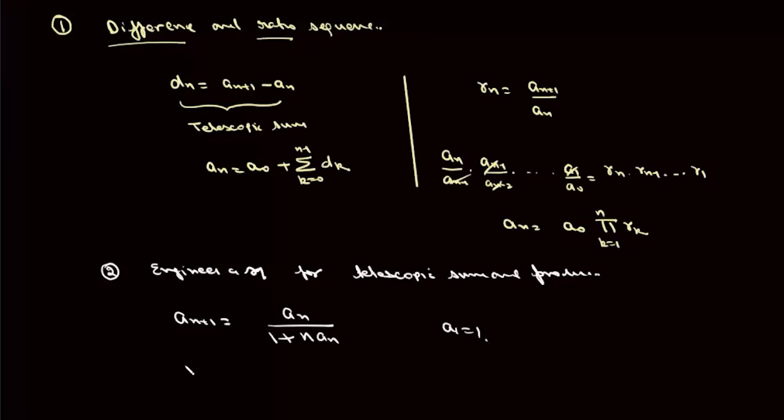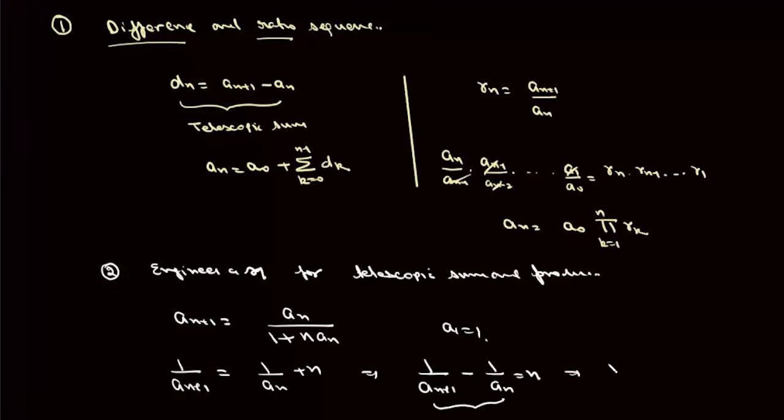Now, if we take the reciprocal, we can write 1 upon a_{n+1} equals 1 upon a_n plus n, which we can write 1 upon a_{n+1} minus 1 upon a_n, it is equal to n. We can use telescopic summation now, since we have method of difference here.